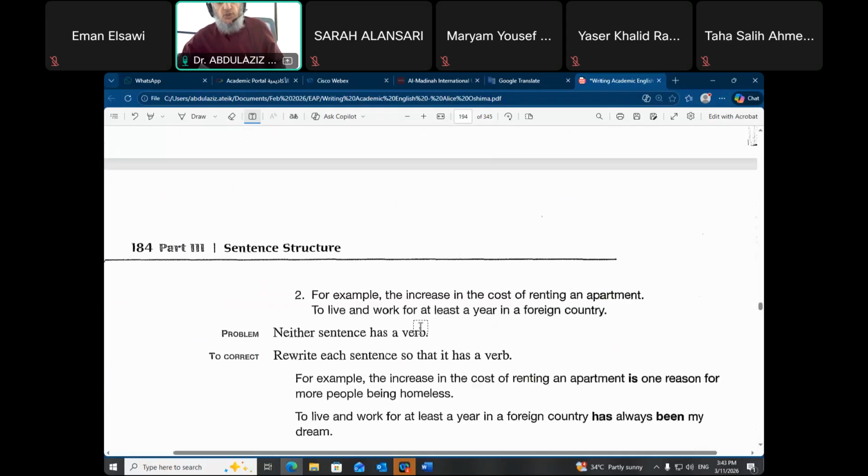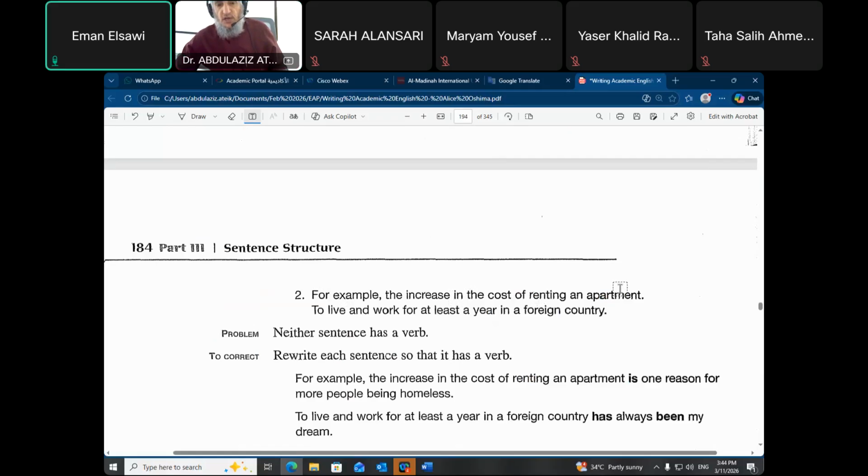Now let's go to number 2. For example, the increase in the cost of renting an apartment. Is this a full sentence? No, doctor. So this is not a full sentence.